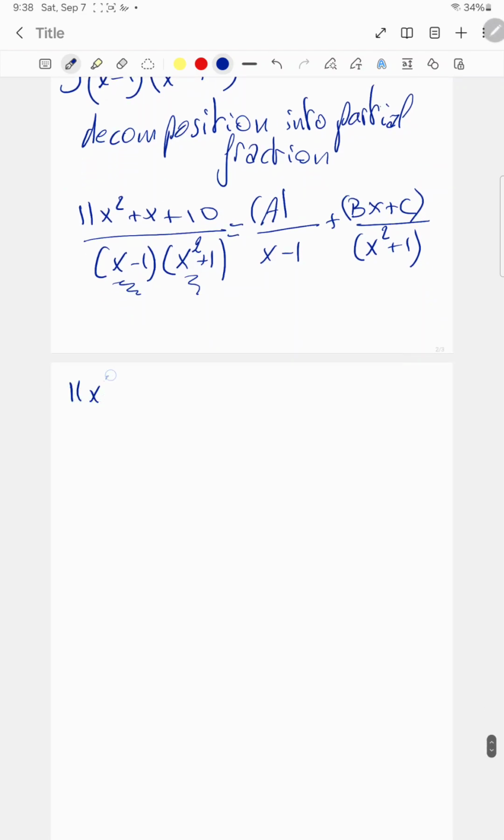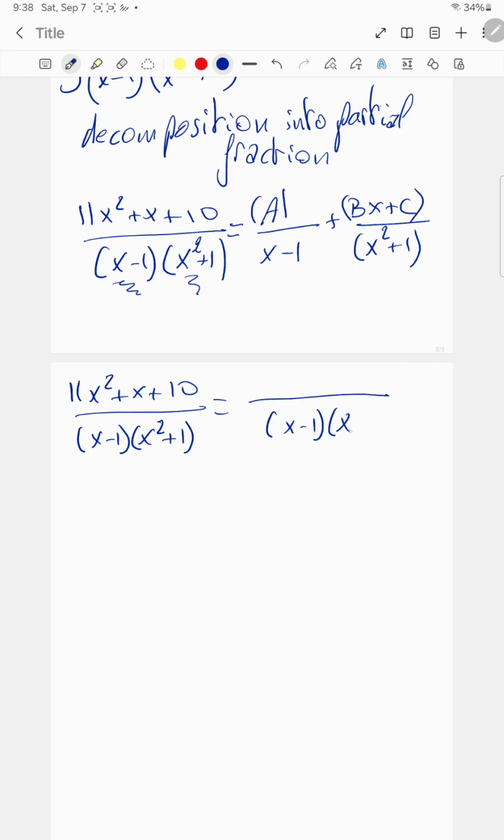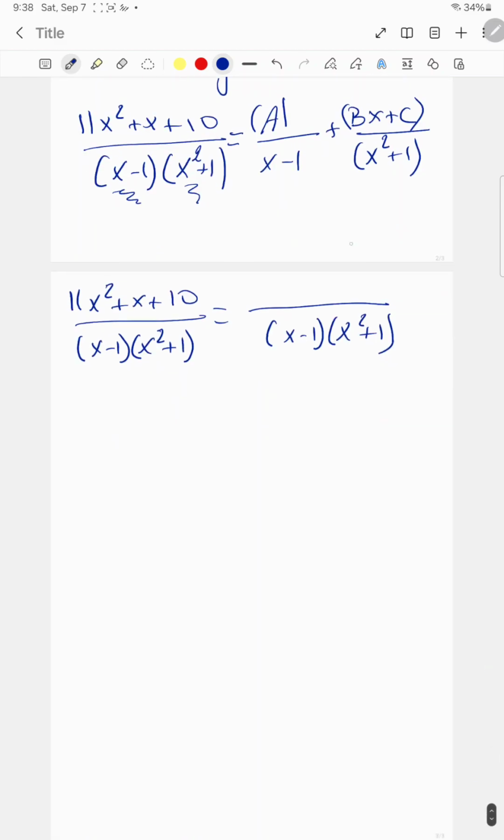So I have 11x squared plus x plus 10 divided by x minus 1, x squared plus 1 equal, the common denominator is x minus 1 times x squared plus 1, and here I have to multiply the a that is here with x squared plus 1, so a times x squared plus 1 I mean, and the bx plus c I have to multiply it by x minus 1, so I have plus bx plus c multiplied by x minus 1.